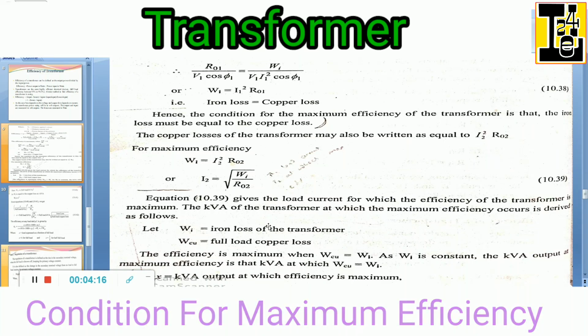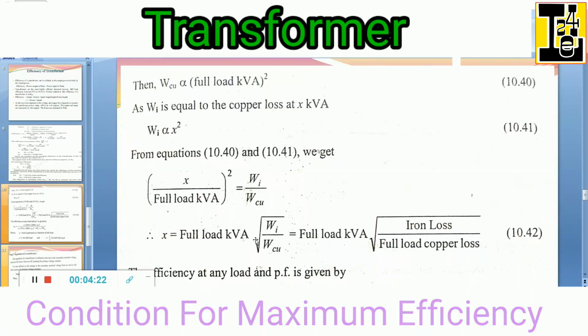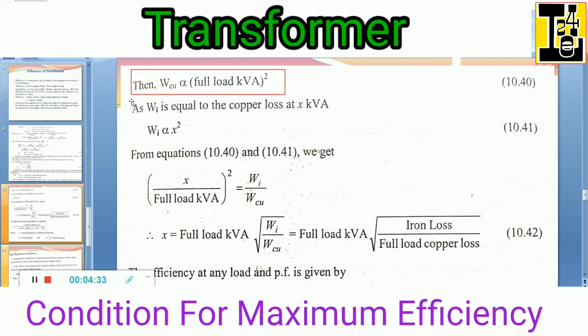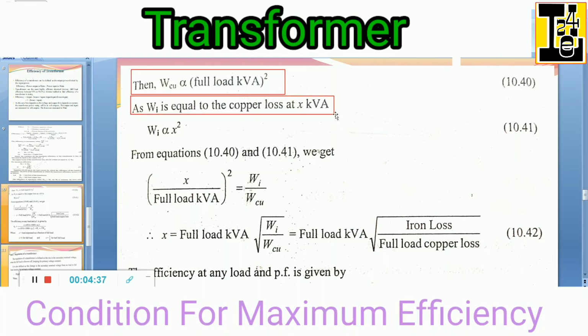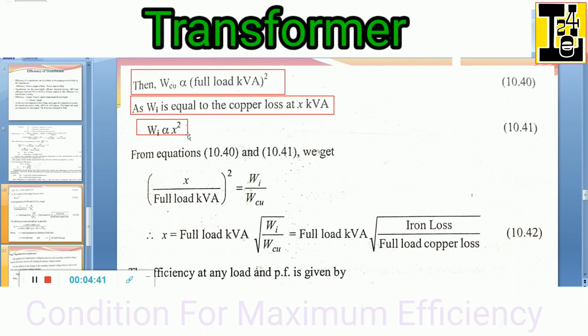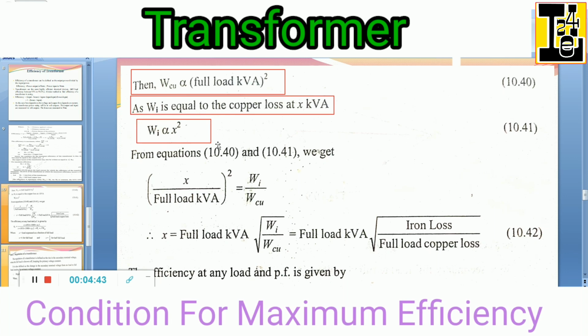Let us take X equal to the kVA output at which efficiency is maximum. Then WCU is directly proportional to full load kVA square, and as Wi is equal to the copper loss at X kVA, the iron losses will be directly proportional to X square.